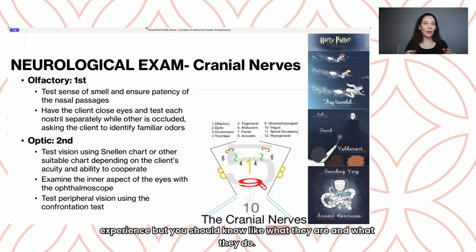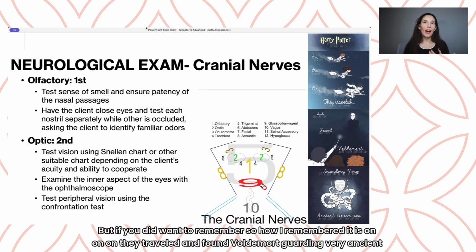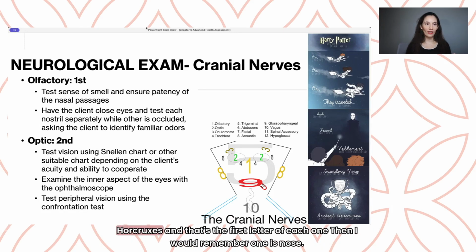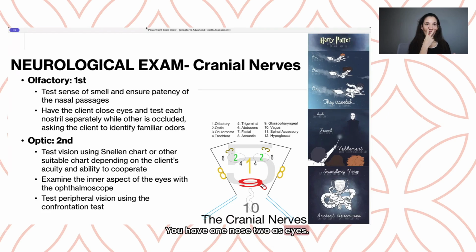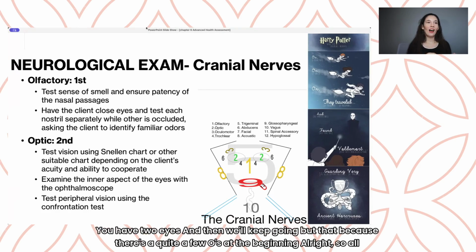But you should know what they are and what they do. If you did want to remember, how I remembered it is: On they traveled and found Voldemort guarding very ancient Horcruxes. That's the first letter of each one. Then I would remember 1 is nose, you have 1 nose, 2 is eyes, you have 2 eyes. And then we'll keep going, because there are quite a few O's at the beginning.